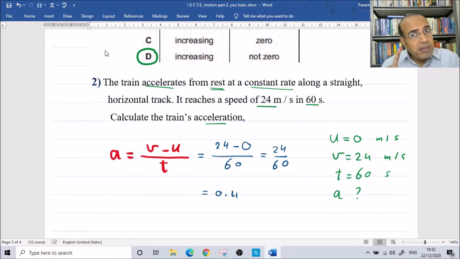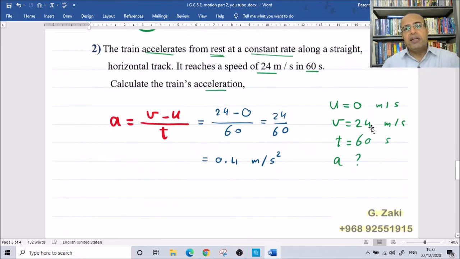What is the unit? Remember, it's meter per second squared, unit of velocity over unit of time. So it's meter per second squared. This is acceleration, because it's positive.